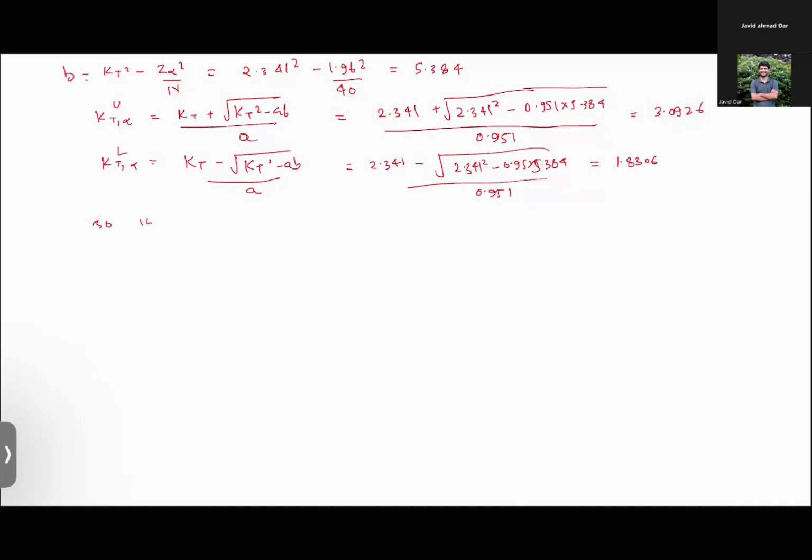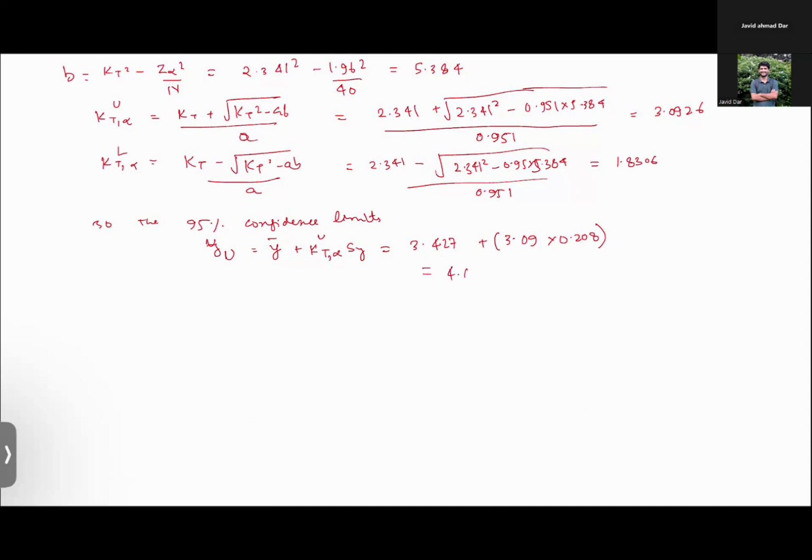So what we need to calculate is the 95% confidence limits, which is Y U, I can say upper limit, Y bar plus Kt alpha of U, Sy. So you know the Y bar, you know the Kt which you have calculated, 3.09, you know the standard deviation.